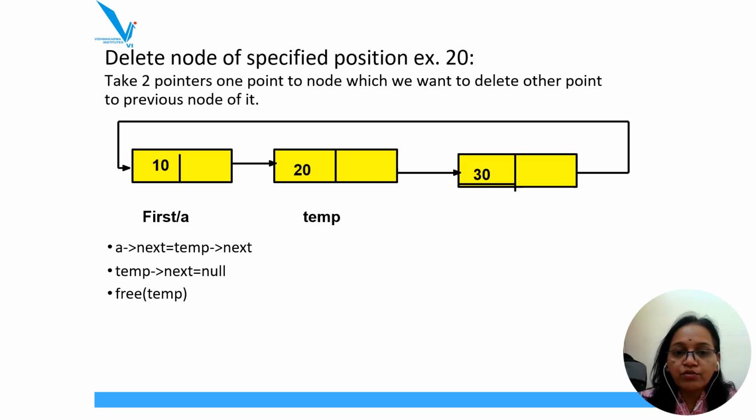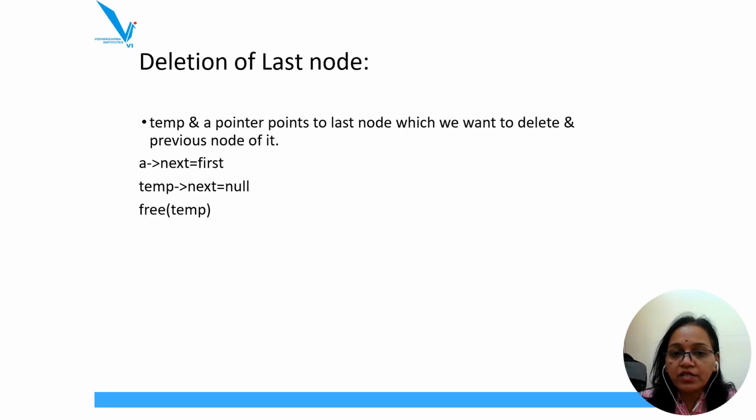Now what you have to do, you have to delete this node, temp wala node. Okay, so what you have to do, a of next is equal to temp of next. So a of next अभी क्या है 20 है, मुझे उसको क्या करना है, temp of next को connect करना है. तो a of next directly will become the temp of next मतलब 30, and then temp of next क्या बोलना है, null, मतलब temp of next का जो field है that will be null. So a of next से मेरा connection हट जाएगा and I can delete the node 20.